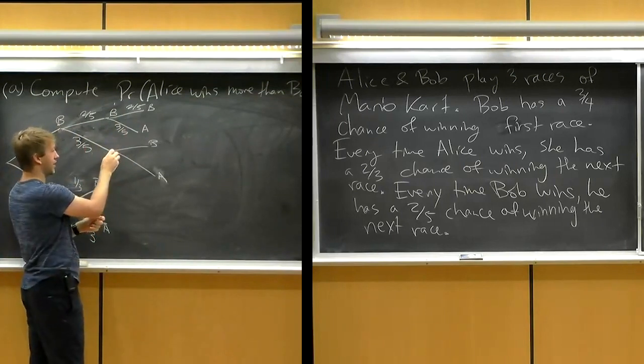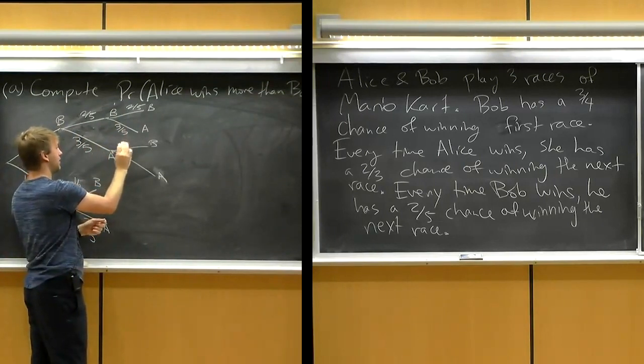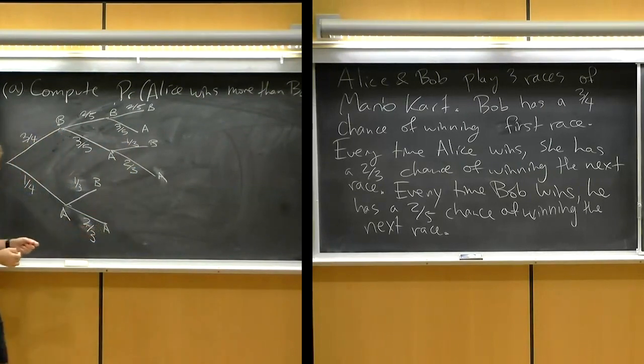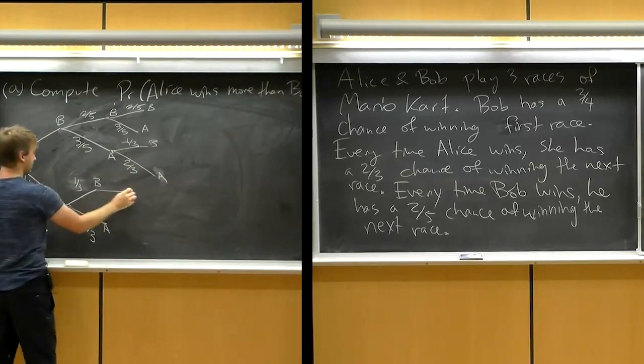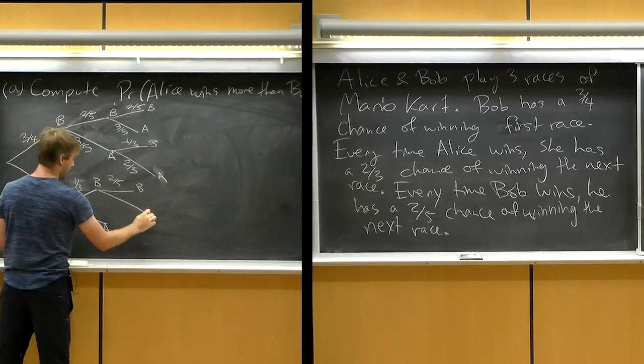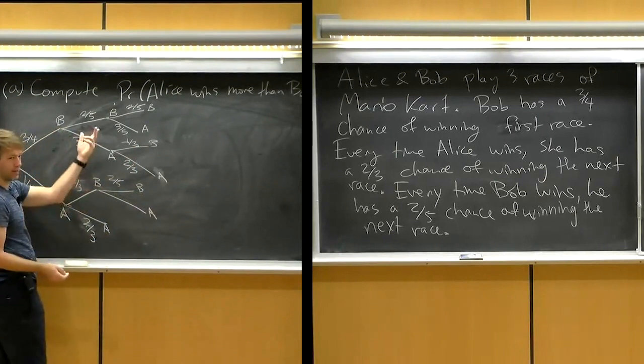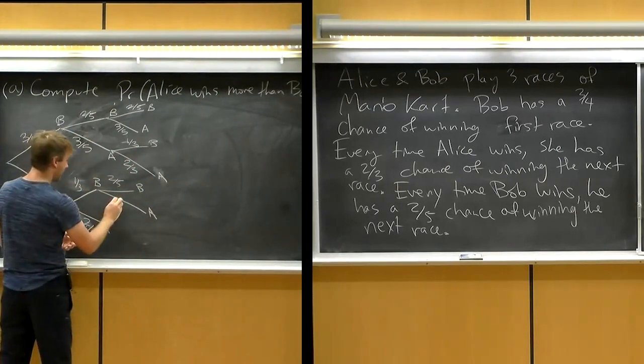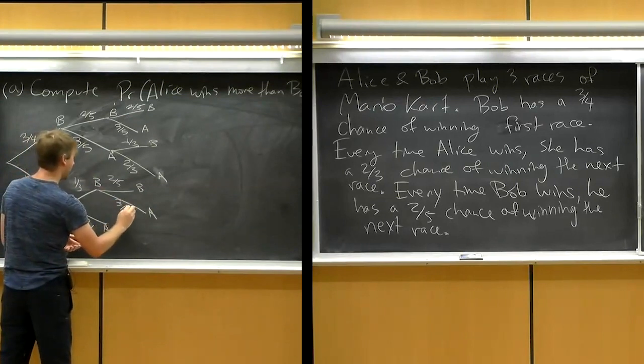Since Alice won here, I've got a 2/3 chance of Alice winning again, 1/3 for Bob. I don't know why I decided to put B's on top and A's on the bottom. I feel like that's messing me up here. Oh well.